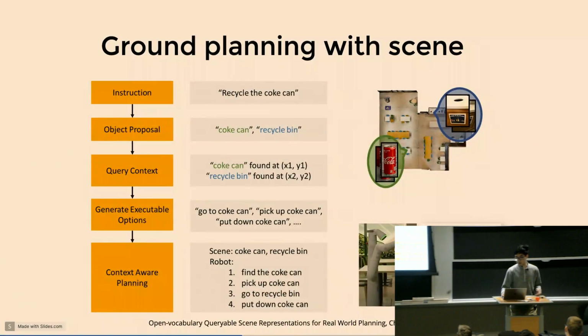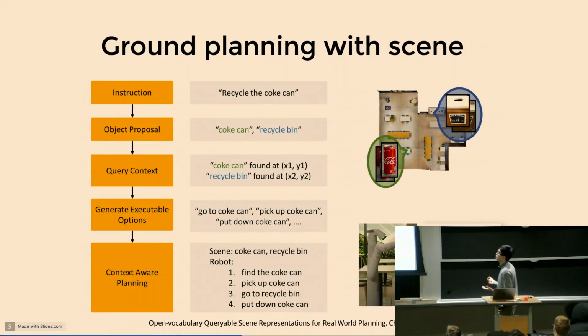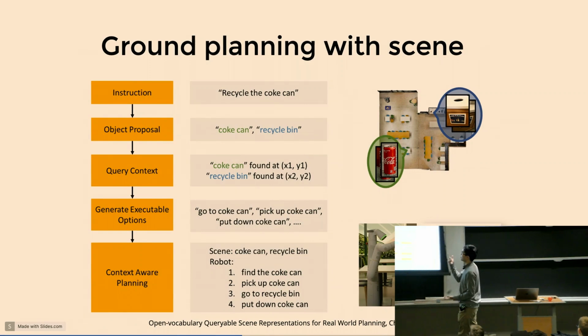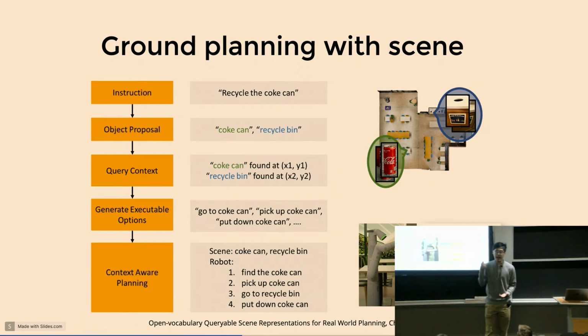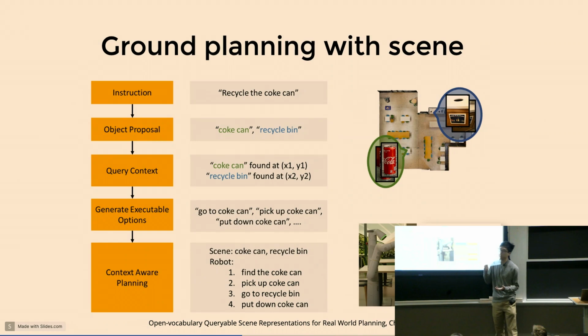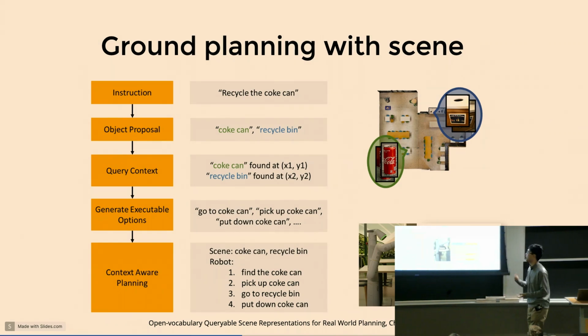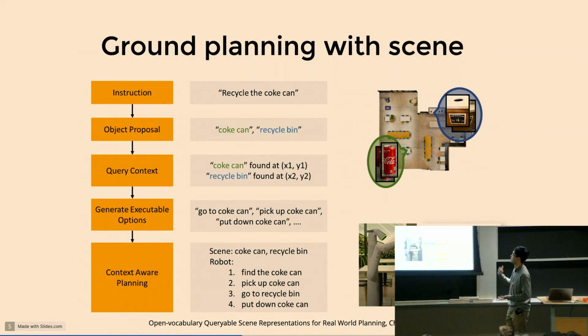So now the plan would look like this. Given the instruction, recycle the Coke can, your robot actively uses the large language model to propose some relevant objects that the task might involve. For example, here it proposed Coke can and recycle bin. Then for each object, it queries this map and finds their locations. And then it generates executable options.